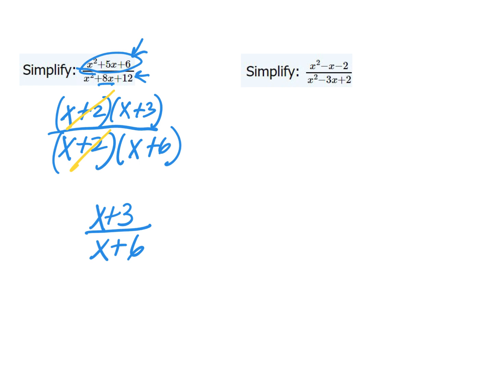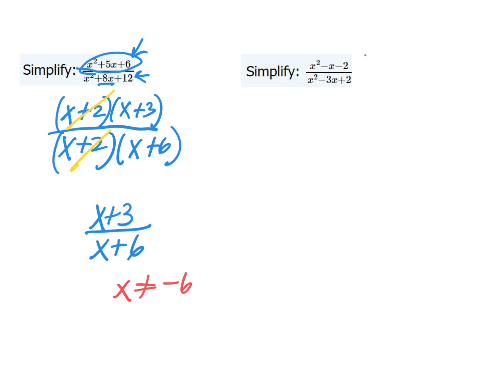So that is not something that we can do. We're going to leave that as the expression x plus 3 over x plus 6, and then we will have to say that x itself cannot equal -6 because that'll produce a 0 in the denominator.